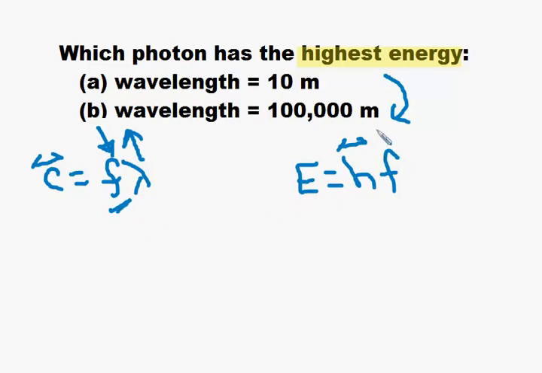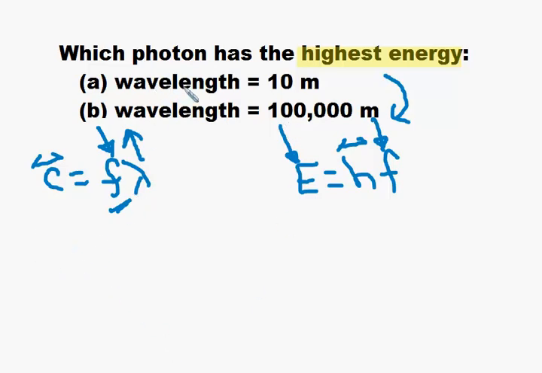So I'll bring that over to here. I know frequency is going down. So as frequency goes down, this whole side of the equation goes down. And since this whole side goes down, energy has to go down. So again, as wavelength goes up, frequency and energy go down. So as I go from here to here, the energy went down.